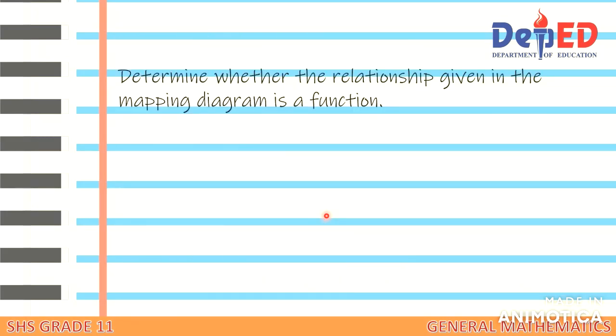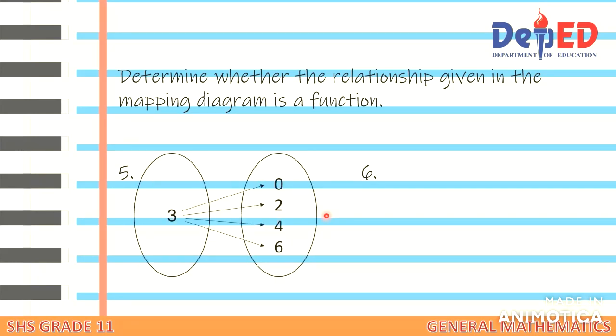Now, next examples. How about this one? We have here 3 as the first coordinate and 4 different numbers for the second coordinates. So it is not a function because we have 4 elements of range.